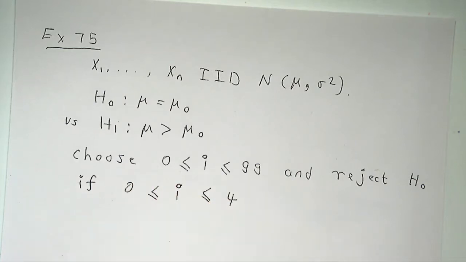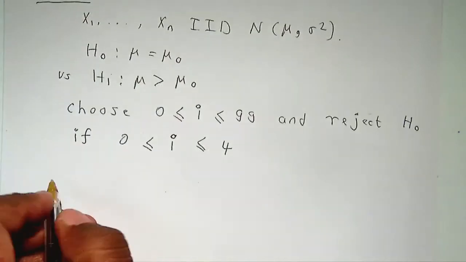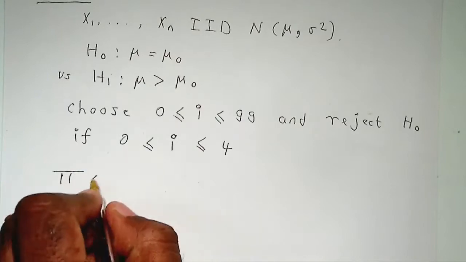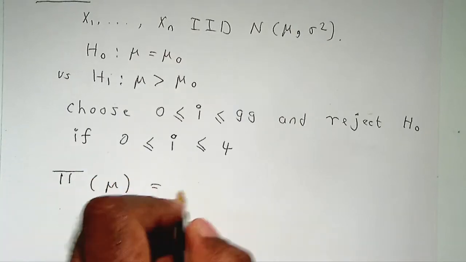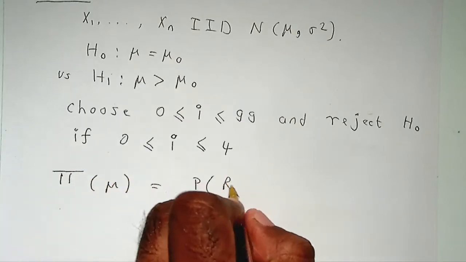It says you choose a number between 0 and 99, and you reject the null hypothesis if that number is between 0 and 4. The question is to find alpha, beta, and the power function. So let's look at the power function first.